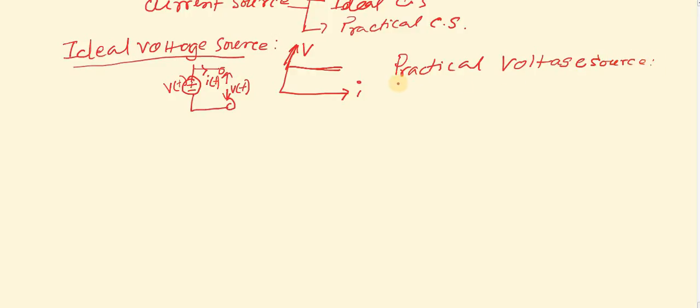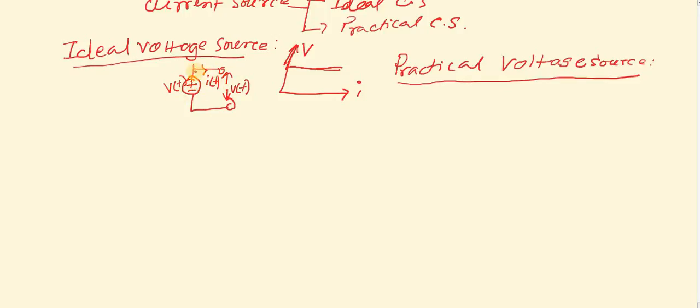In a practical voltage source, this voltage keeps falling as the current flowing through it increases, and this terminal voltage is less than the actual generated source battery voltage or source voltage, whatever we call. So in practical voltage cases, the voltage of this terminal keeps falling as the current increases.